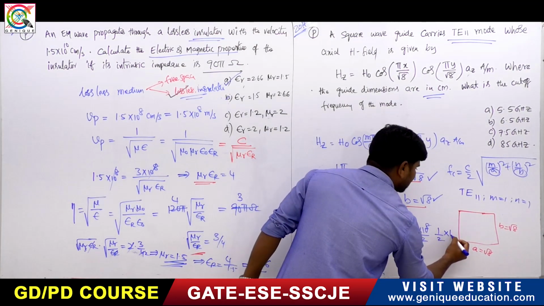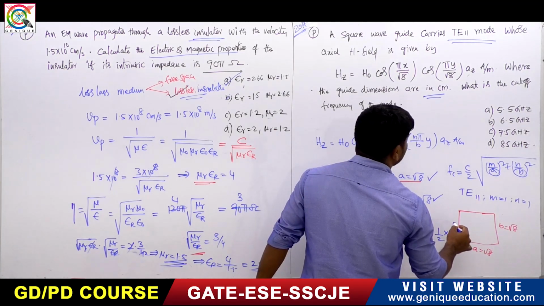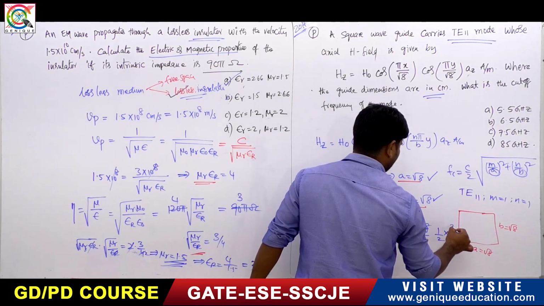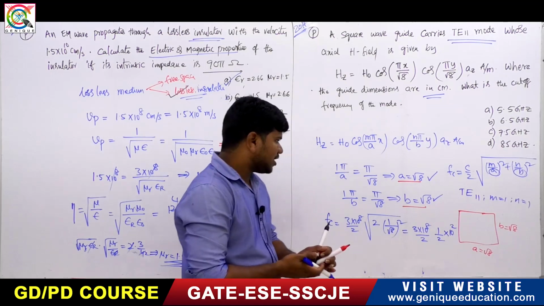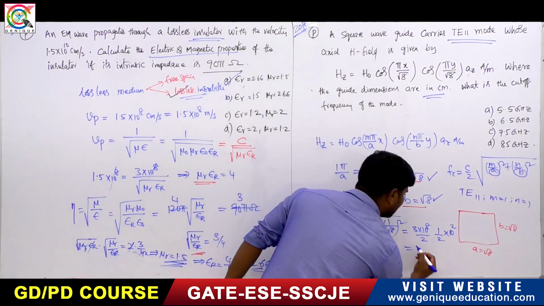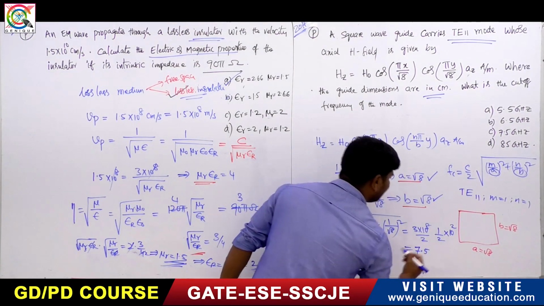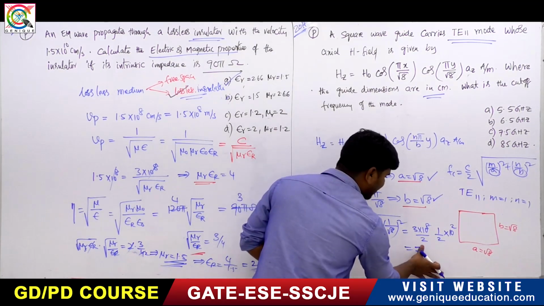All are in centimeters, so this will be 100, 10 power 2. Centimeter square under root is centimeter only. 3 by 4 means 0.75.